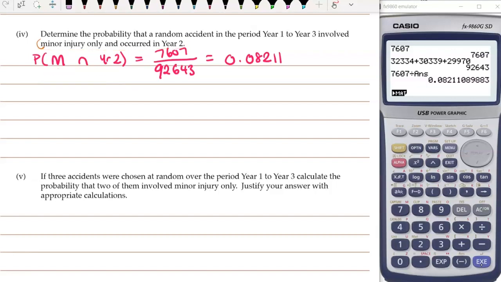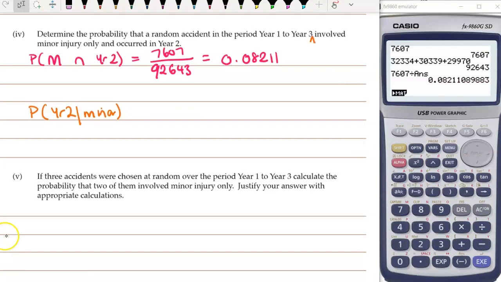If it was going to be a conditional probability, like it shows in the answer book where it says year 2, given that it's a minor injury, the wording would need to be slightly different. It would say determine the probability that a random accident picked in this time period that involved minor injury only had occurred in year 2.